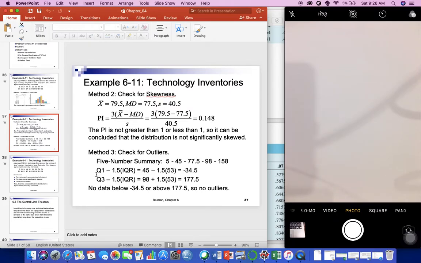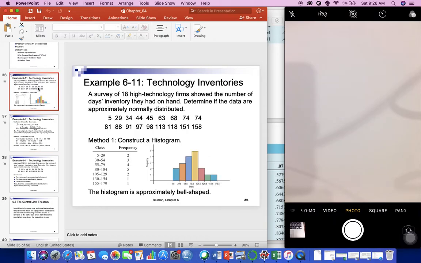The Q1 value is 45, Q3 value is 98, and IQR value is 53. Then check the range from negative 34.5 until 177.5. No data are below negative 34.5 or above 177.5, so there are no outliers.